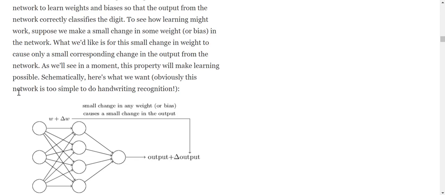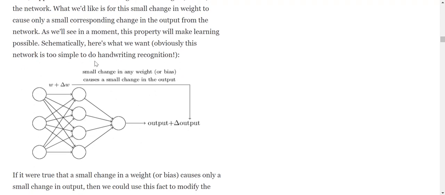Say you're very close to the result, say you want the output to be 6, and the machine is outputting 5. You want to tweak the input slightly, but if tweaking by a small factor changes the output from 5 to 25, then that would make it really difficult for the machine to learn. So as we'll see in a moment, this property will make learning possible.